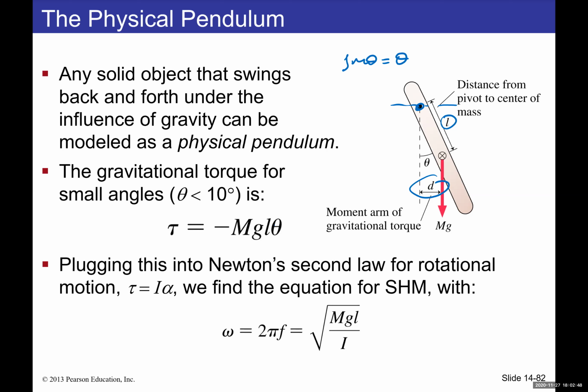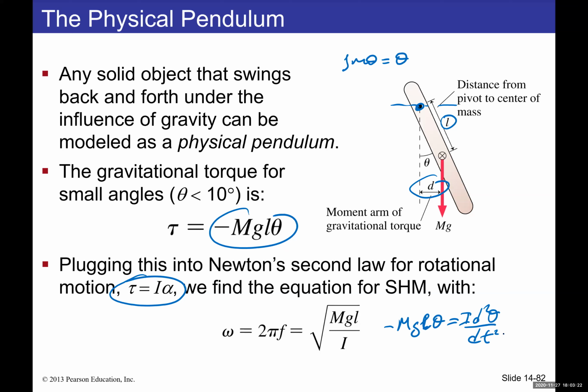So plugging this into Newton's second law for rotational motion, where torque equals I times alpha, we can find the equation for simple harmonic motion. Negative mgl theta equals I times alpha, which I'm going to rewrite as d squared theta over dt squared.